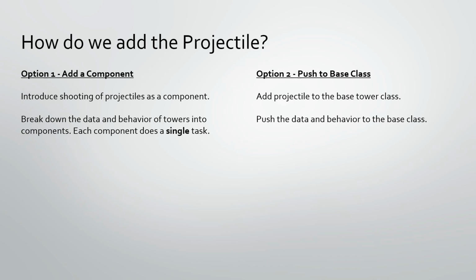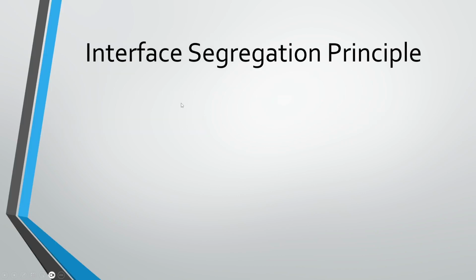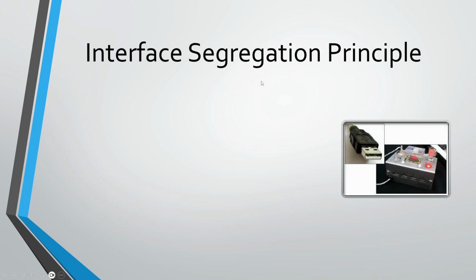How about the others? How would you do a projectile? Sige. So, 1. Okay. In this case, again, there's no right or wrong here. When we choose to have components, we have an idea of the interface segregation principle.